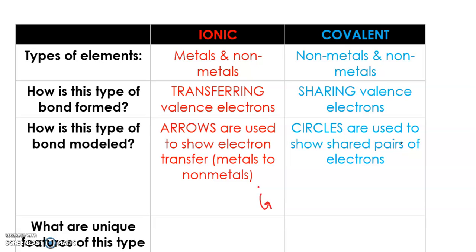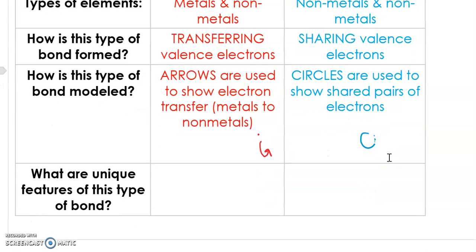Whereas covalent bonds, if you write C for covalent, it's kind of like a circle. So I don't know if that helps you, but the I for ionic, I kind of think of as an arrow. C for covalent, I think of as almost a full circle. So that's one way that might help you remember which one is happening with each type of bond.